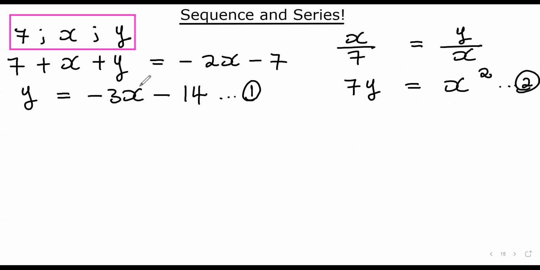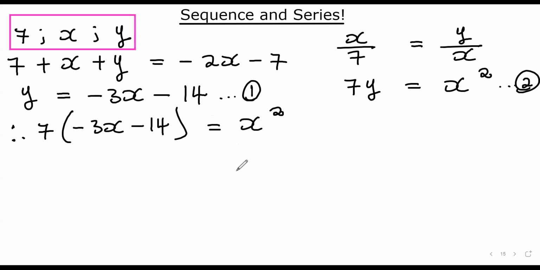Then we substitute this equation into that equation, which means that every time I see y in the second equation, I'm just going to substitute negative 3x minus 14, and I set this equal to x squared. Then I collect the like terms, and I take them to the right-hand side.